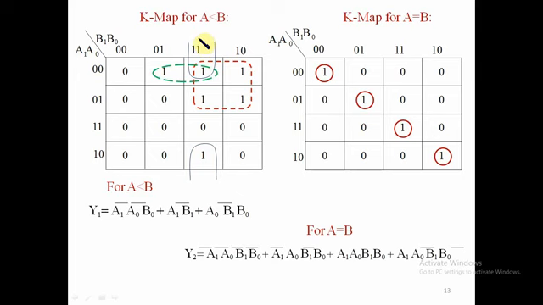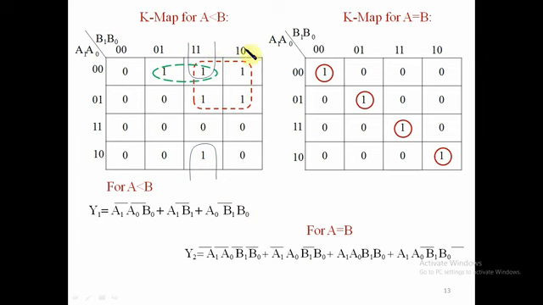Same, you take here B1 B0, and here A0 bar, B1 B0, and A0 bar. The bar will be here. Same grouping, last we see here is the one present.